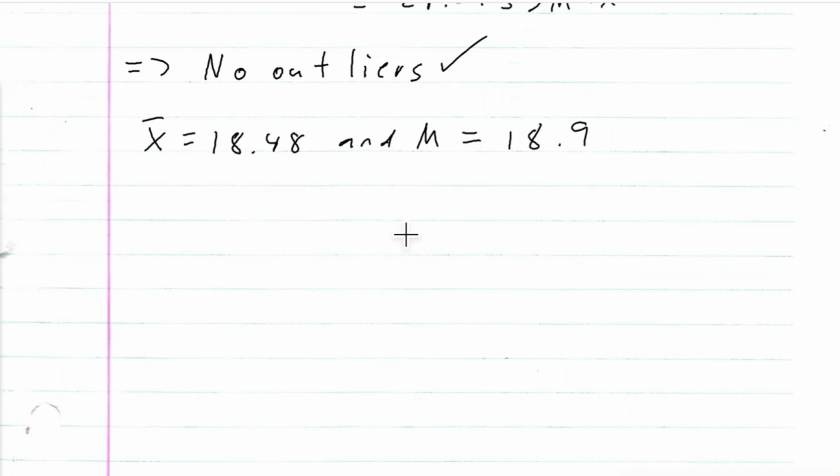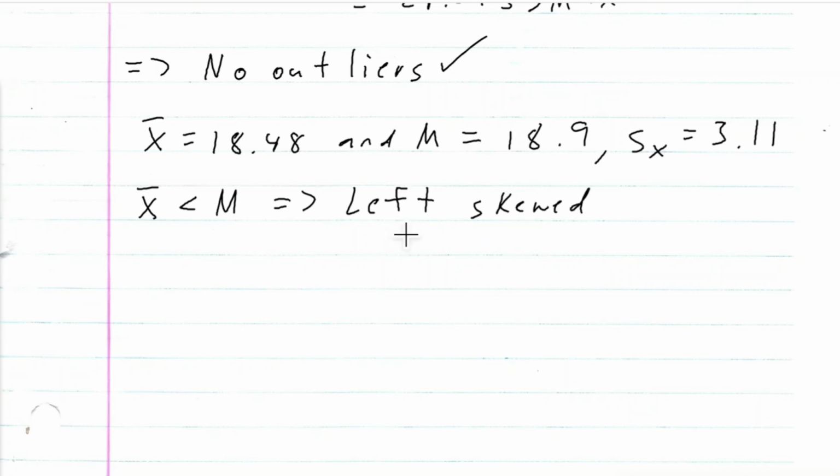You can see it's really close. And the standard deviation of X is 3.11, which is really big. We can see that X bar is less than the median, so this does imply left skewness. So the data is left skewed.